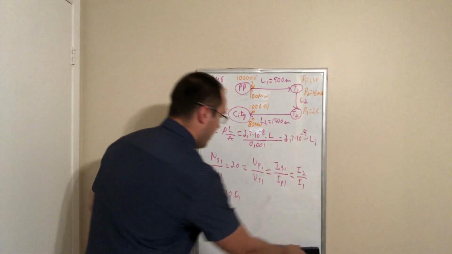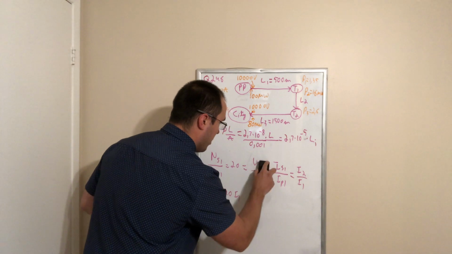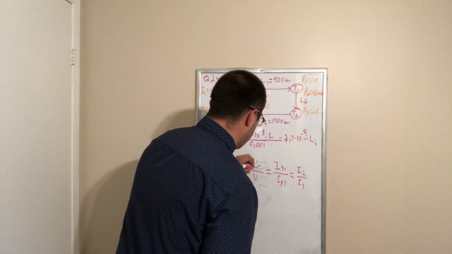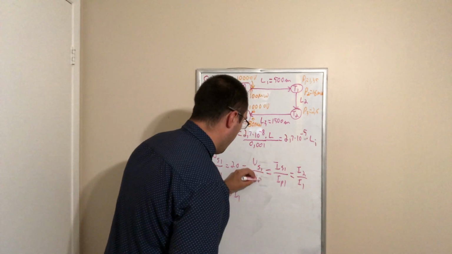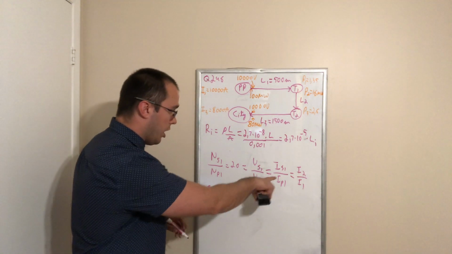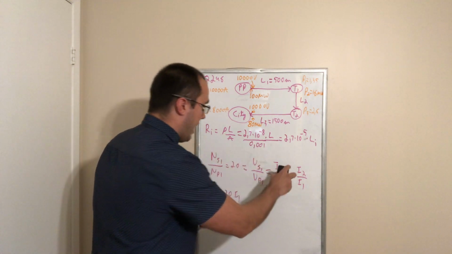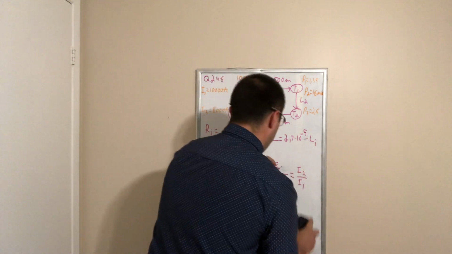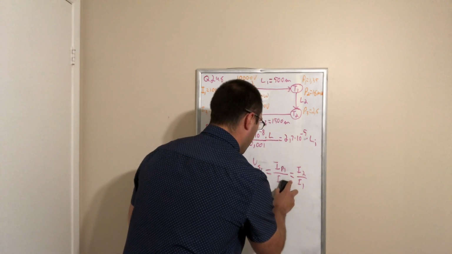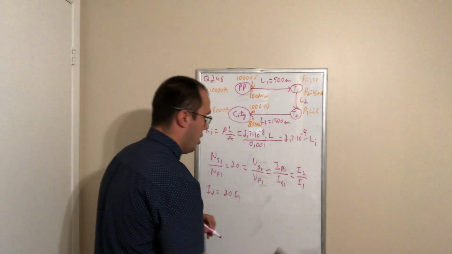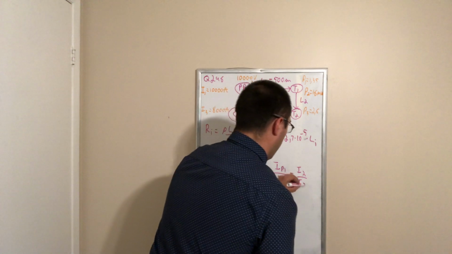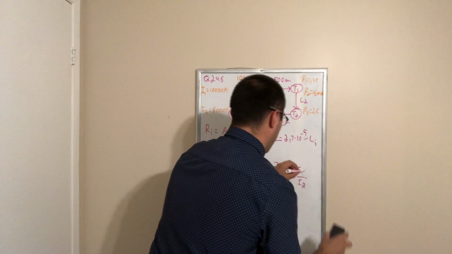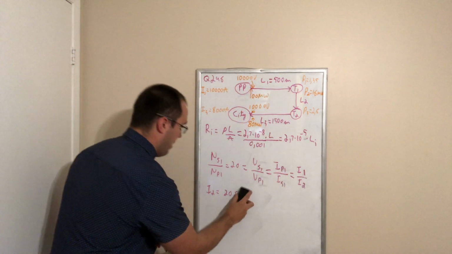Yes, I made a mistake over here. So this is VS1 over VP1. Now, the logic here remains the same, it's just that we have to flip them. So IP1, IS1, I2, I1. Okay, this did not make sense.